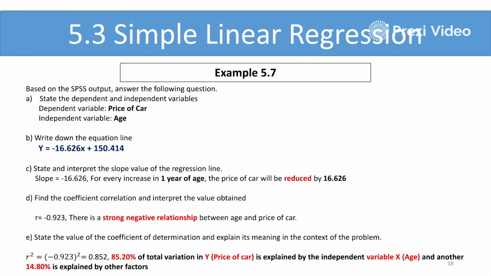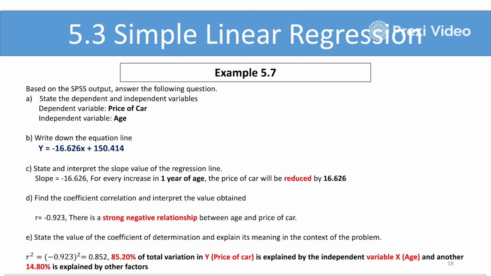Tapi 626 ni tak habis lagi, sebab kena ada unit lah. You kena buat bracket RM. Kat sini saya tak tulis, sepatutnya kena ada bracket RM 1000. Takkanlah setahun turun RM16 sahaja kan. Setahun turun 16,000 depreciate harganya. That's why kena ada bracket 1000 here. Itu yang selalunya kita tersalah. Kalau salah yang tu maksudnya salah lah.